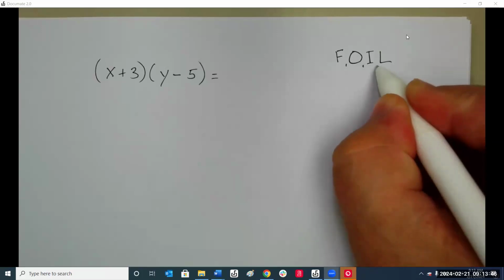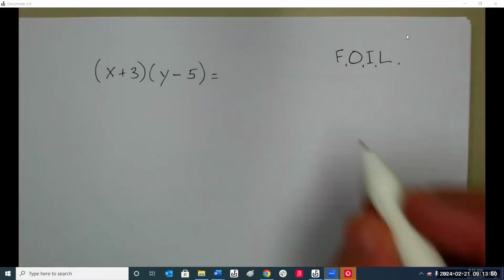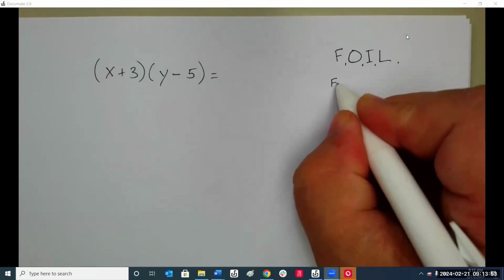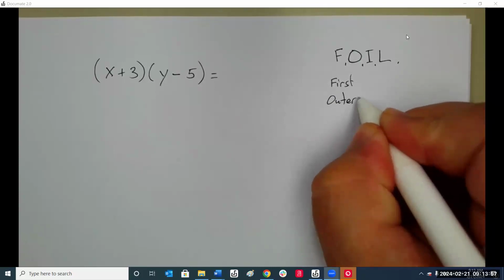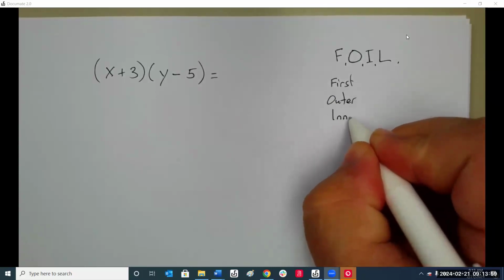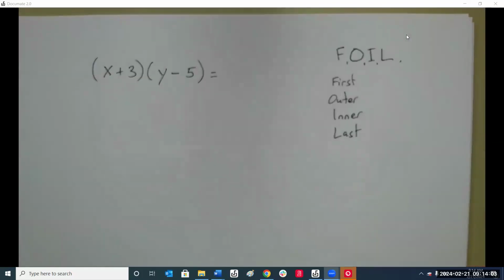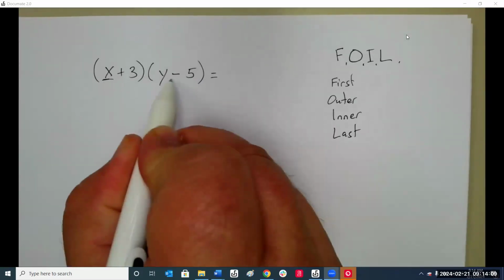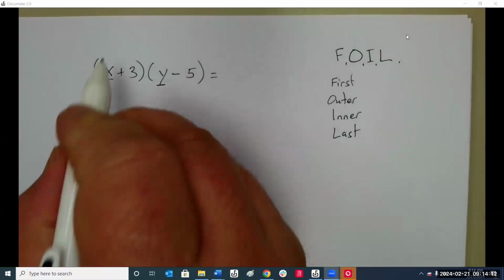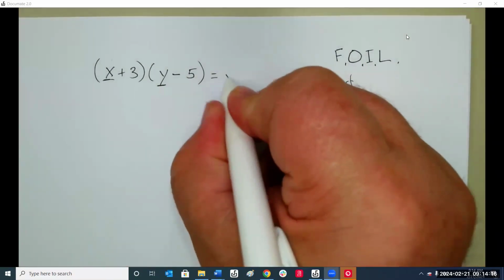Remember what FOIL meant? It's an acronym for first, outer, inner, last. So the first terms in both of these equations, multiply them together. So x times y is xy.